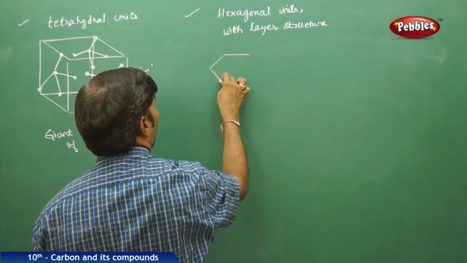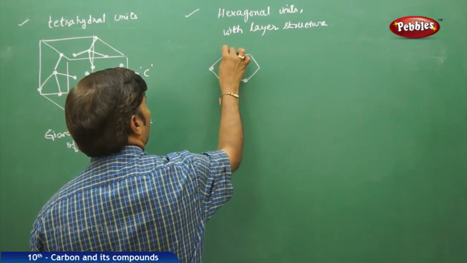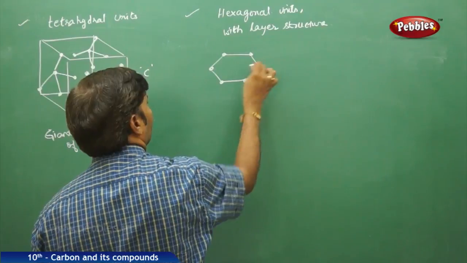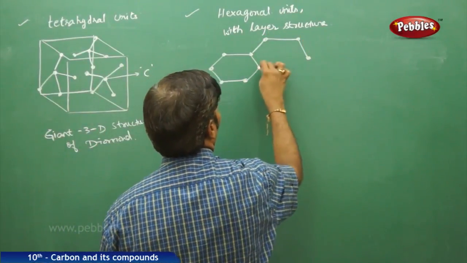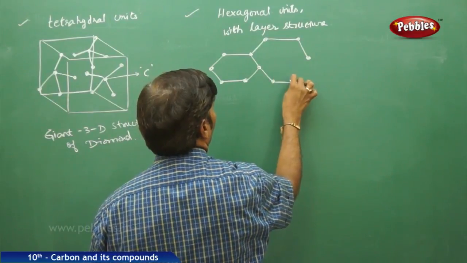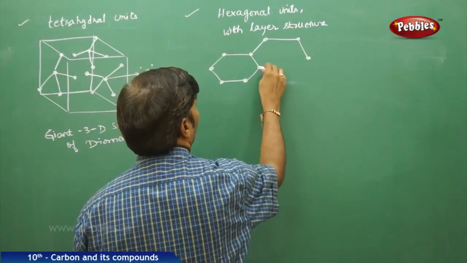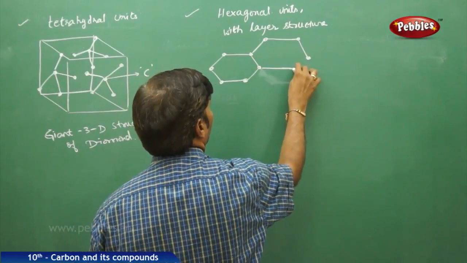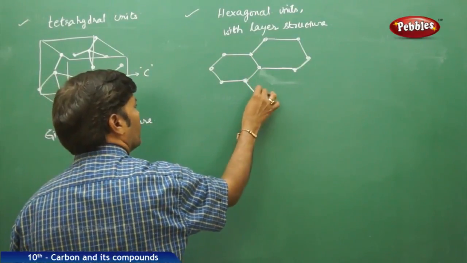Suppose if I take these are the hexagonal units of the graphite.